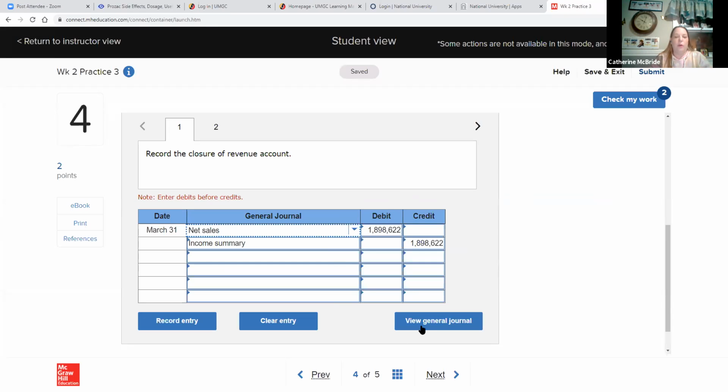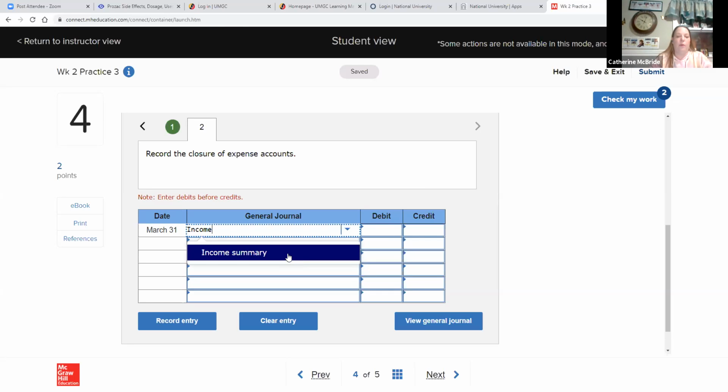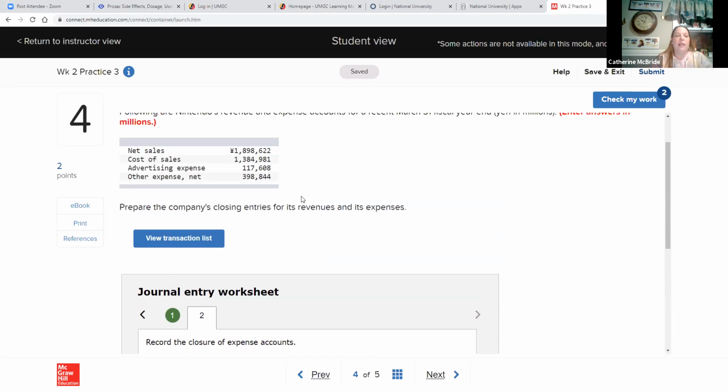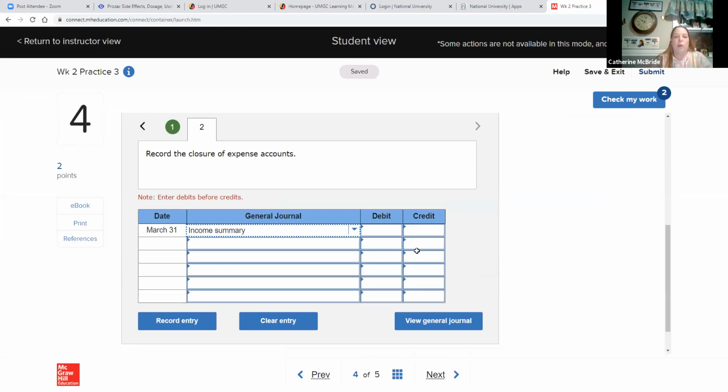the next thing that we're going to do is we're going to close the expense accounts. So expenses are normally a debit. So to close them, we have to credit them. So we're going to debit the income summary account, and we have to credit each one of these. So cost of sales, 1384981.